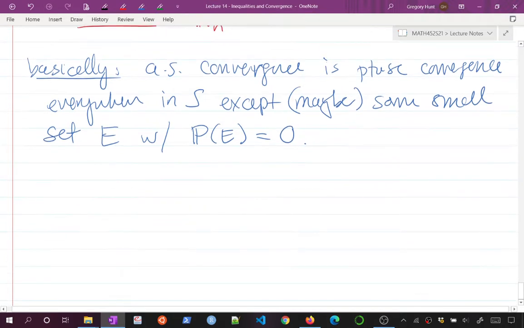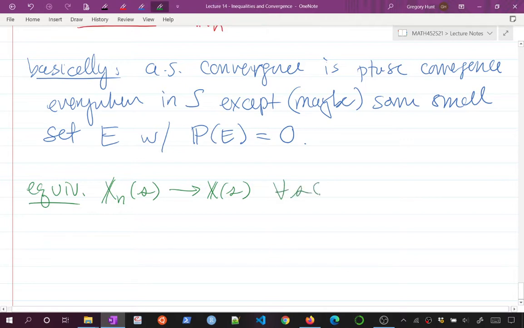One quick way to summarize this, or maybe two quick ways, is to say xn of s converges to x of s for all s in some set A where the probability of A is 1.